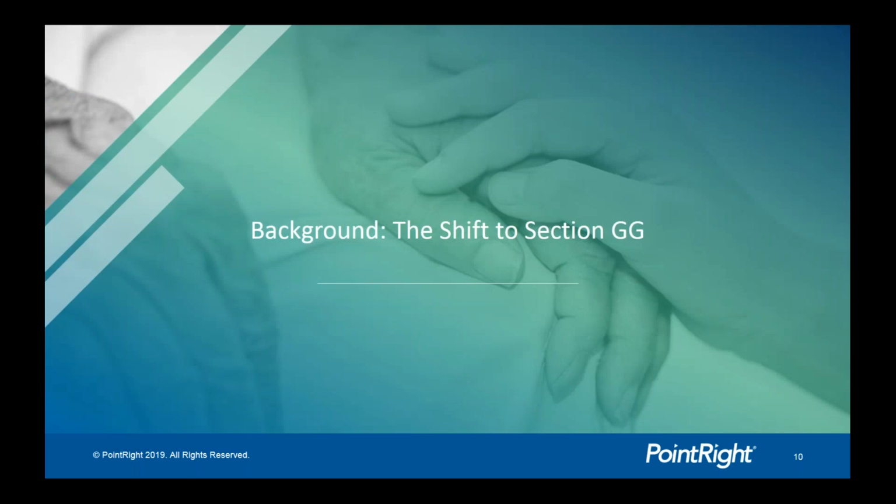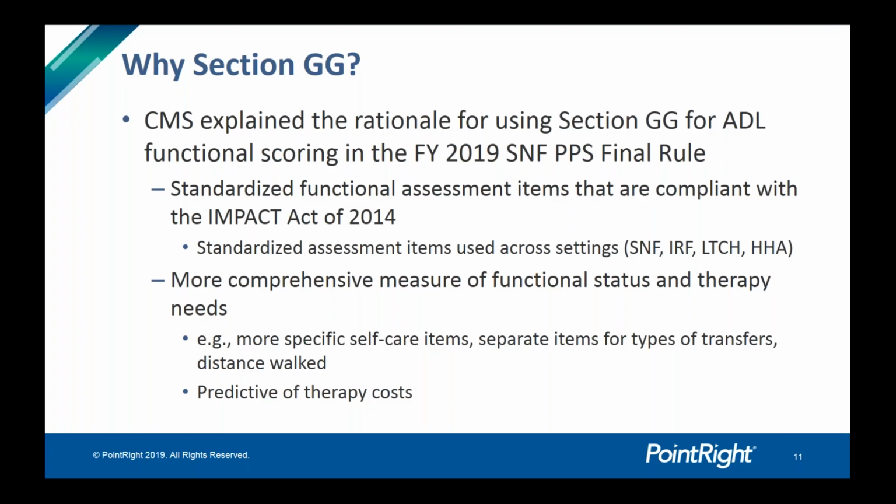Why are we using Section GG now instead of Section G, which we've been using forever to calculate ADLs and to set payment? And just as a reminder, Section G is not going anywhere. You're still going to have to be able to code that section and all of your other MDSs. But Section GG is specifically being called out for use in the patient-driven payment model for a couple of reasons.